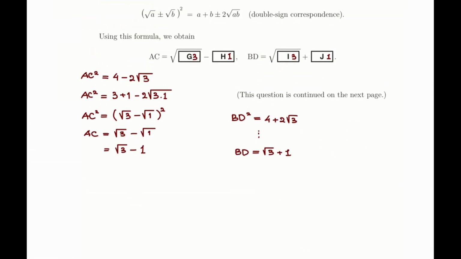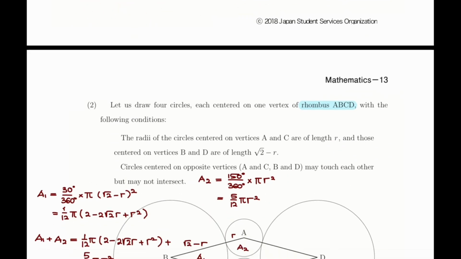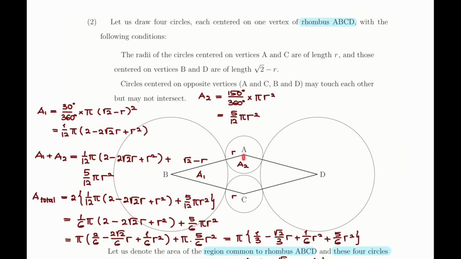The length of AC is square root of 3 minus 1. That means R, the radius of the small circle, plus R, the radius of the other small circle, which is 2R, must be less than AC.